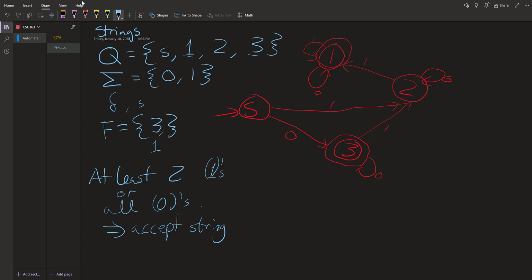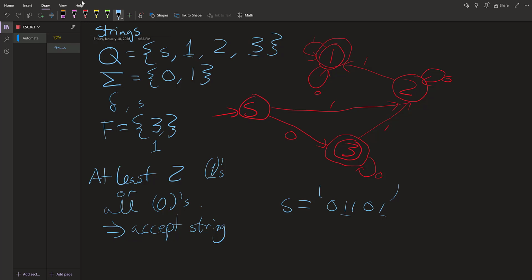So let's say we have a string s, and that string is 0, 1, 1, 0, 1. Let's see where it goes. So 0, 1, 1, 0, 1. So it ends up in an accepting state because it has at least two ones.